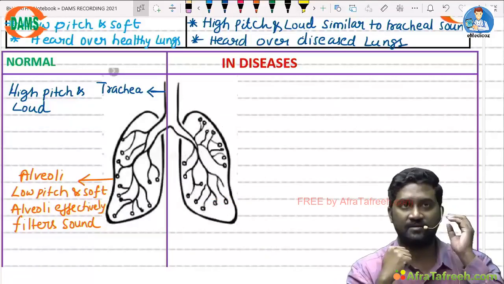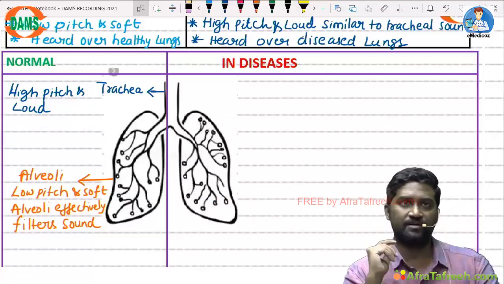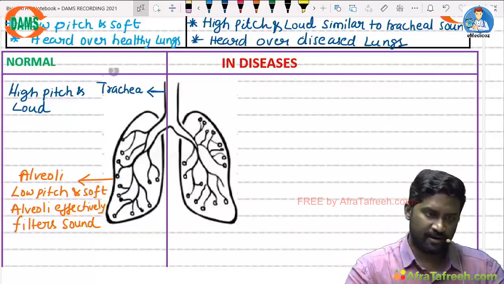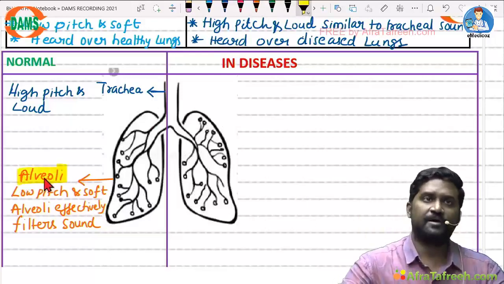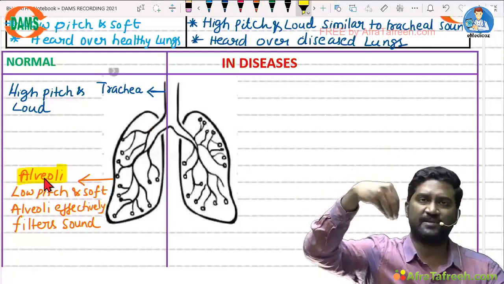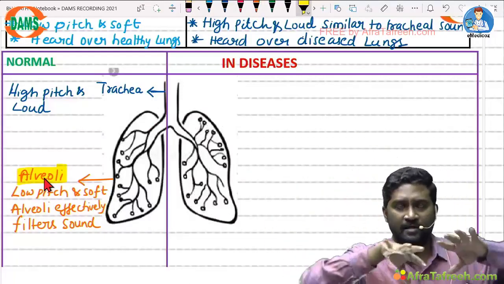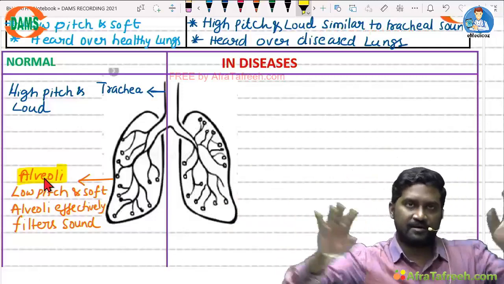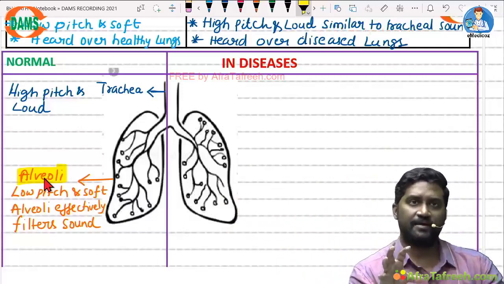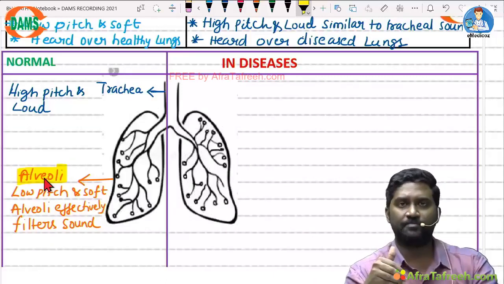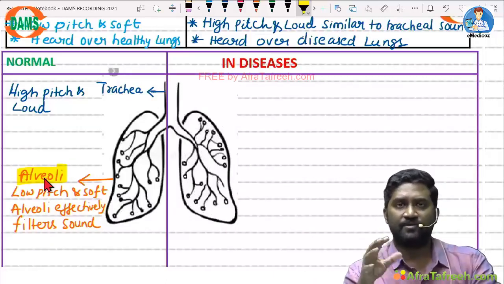Air flowing in it will have more turbulence, whereas you have millions of alveoli. By the time sound reaches from the trachea to the alveoli, it will be filtered in the majority of the airways, and the high pitch will become low pitch and the loud sound will become soft.